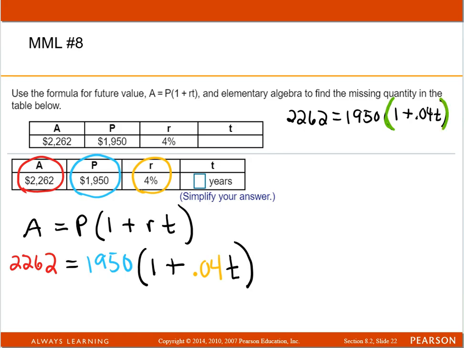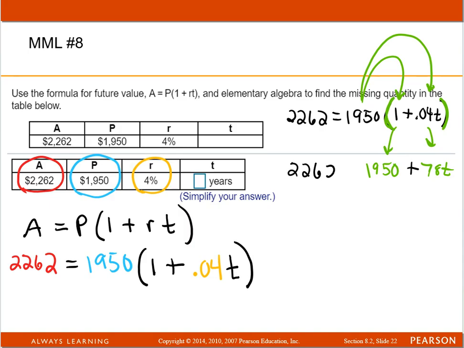And so the 1950, I'm going to distribute that. 1950 times 1 is a 1950. 1950 times the 0.04t is going to give me 78t. And you still have the plus sign in between, and you still have the 2,262. So I was able to distribute and get rid of the parentheses.